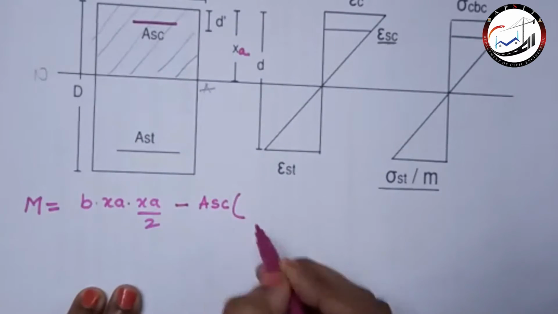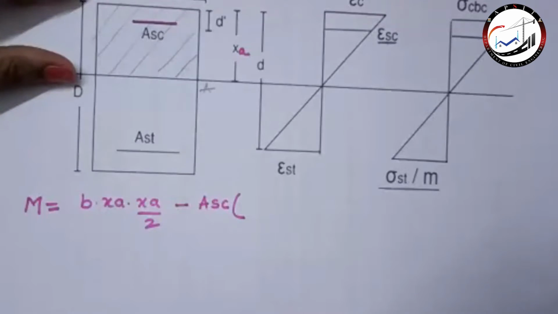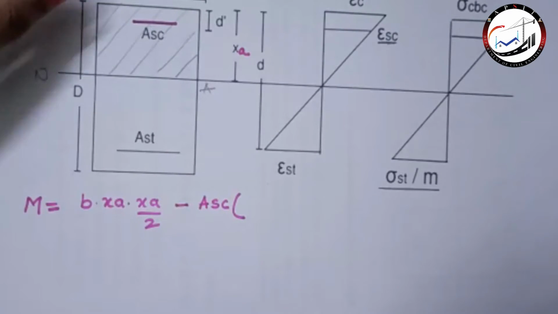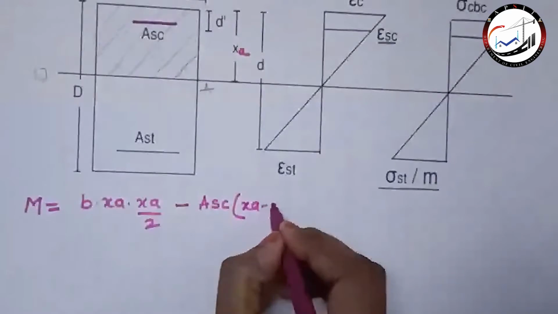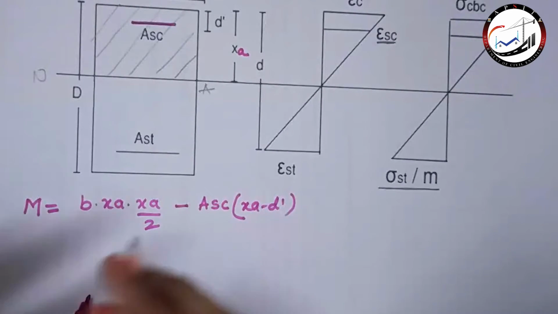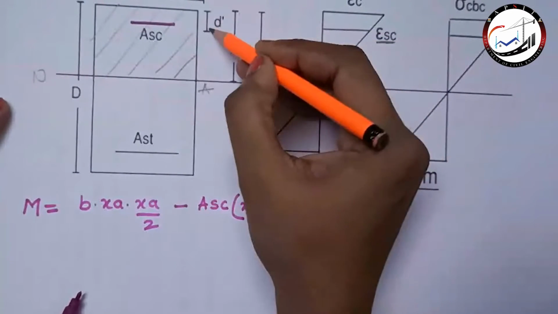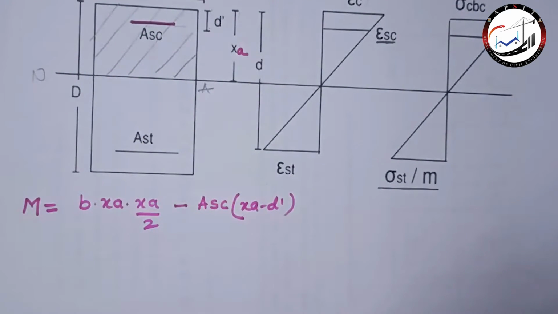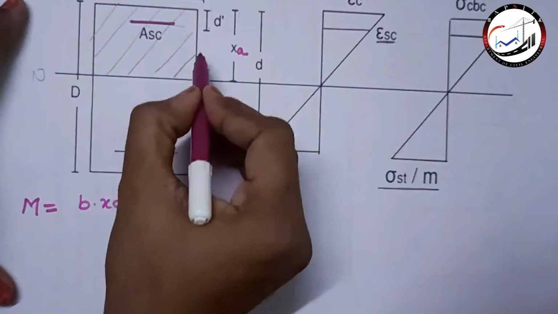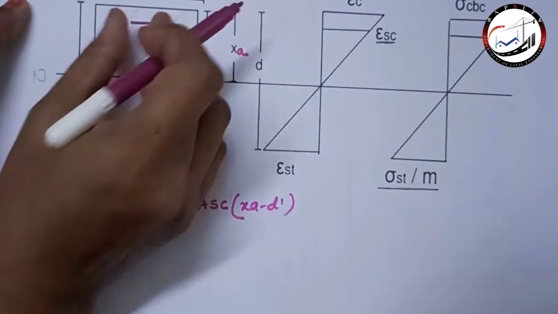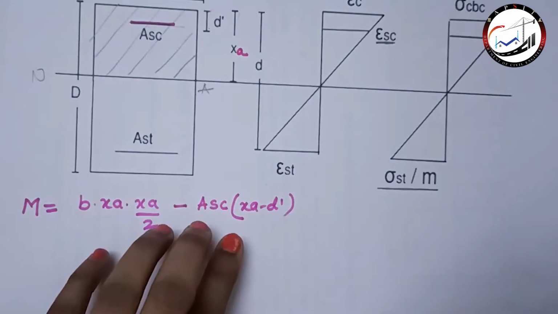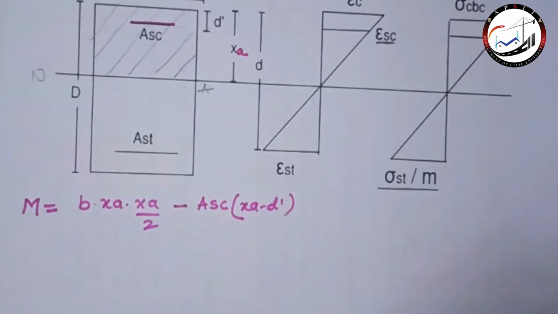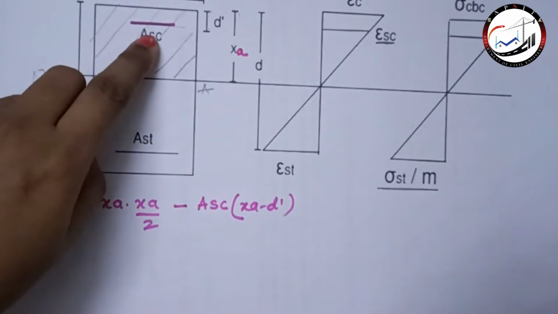But then we are taking moment. So what will be the value? It will be XA minus D dash, because it is acting at this position. So I have reduced this from the whole area. So I have taken the area of the concrete. But area of steel is also there.